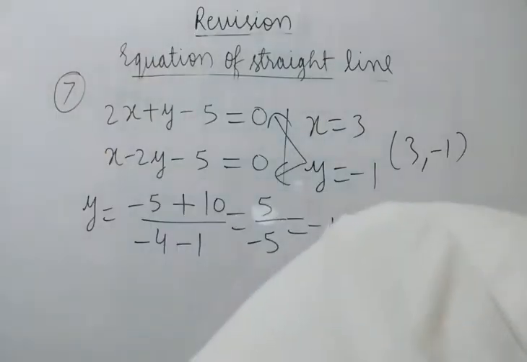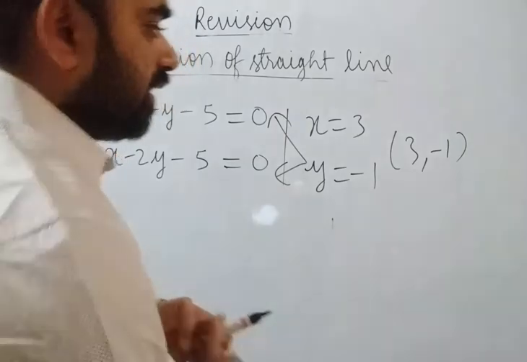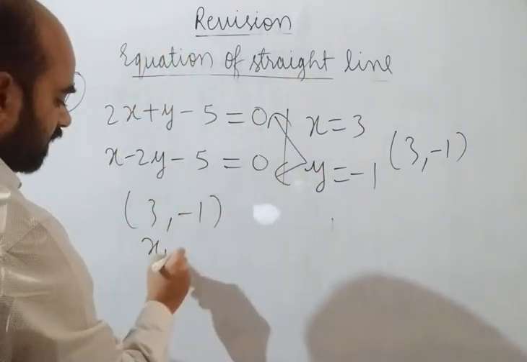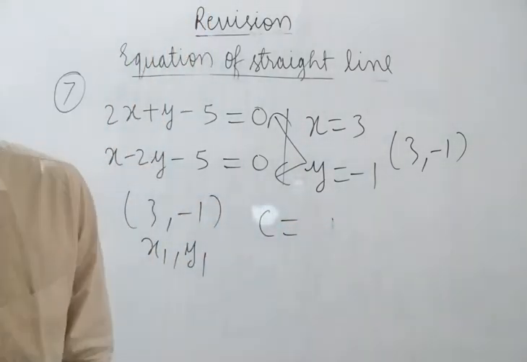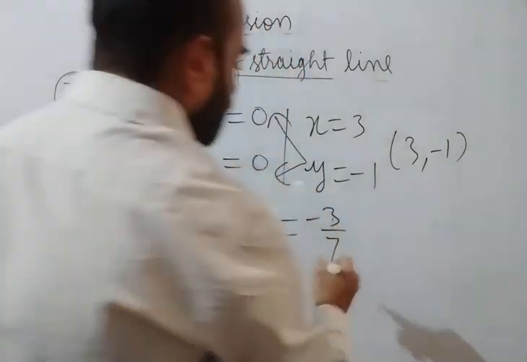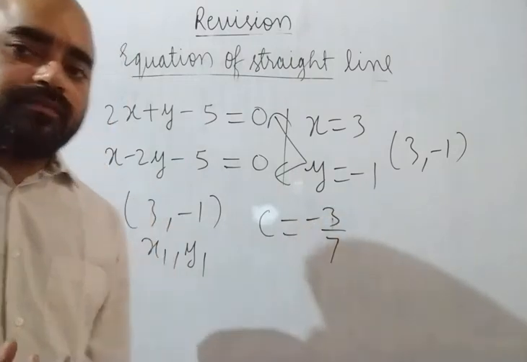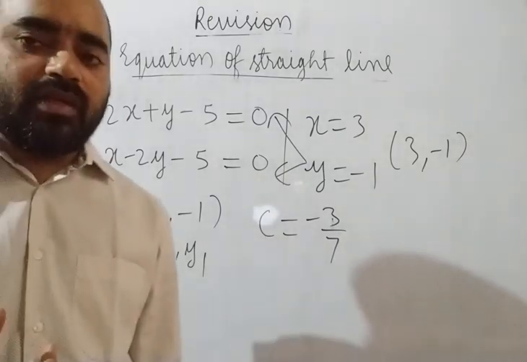Clear? So the required line is passing through the point of intersection. It means from this point, suppose this is (x1, y1), the y-intercept of the line is already given, minus 3 by 7. Correct? So which form can we apply? Slope point form, or slope intercept form. Any form we can apply.